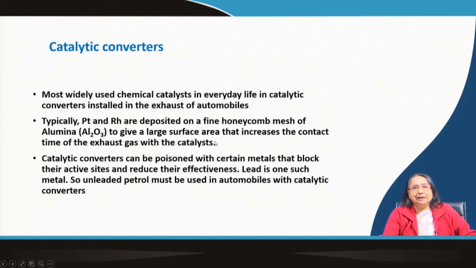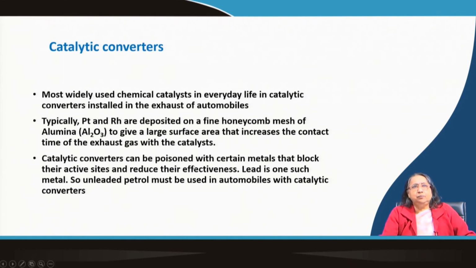Then our desired thing happens. Platinum and rhodium are used for different purposes. In one case we need to oxidize the gasoline to carbon dioxide and water, in another case we want to reduce. But these two catalysts are used.